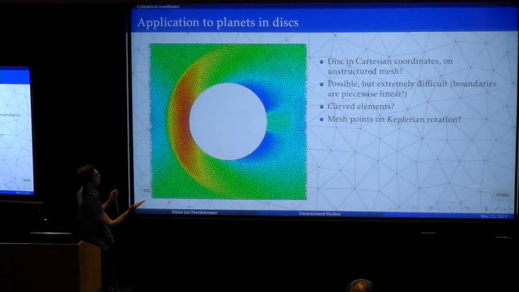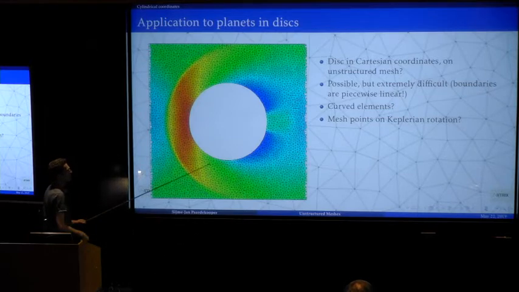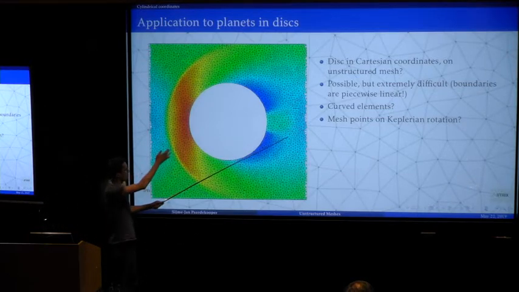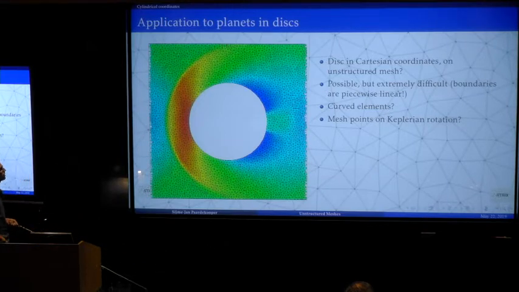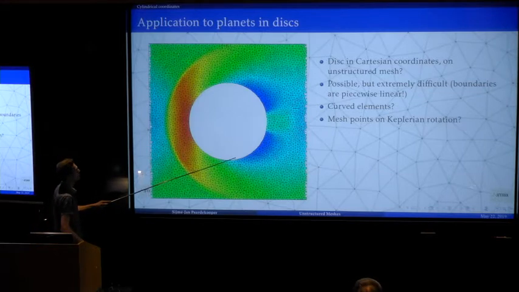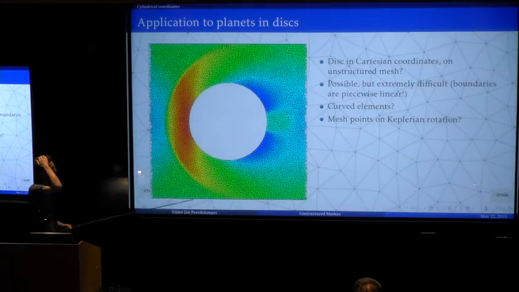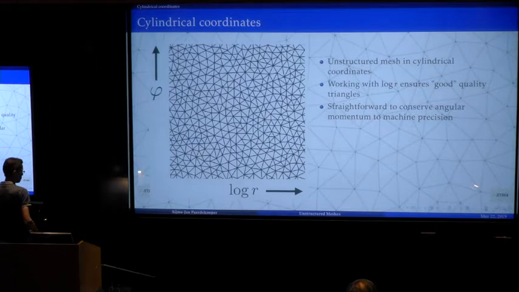There are ways around that, because in principle you can have curved elements, so you could have a circular boundary, but it makes it really complicated. You can go into moving mesh mode, just having these points rotate at the Keplerian velocity, but again, I'm not a big fan of that. So the route I chose was to just do cylindrical coordinates.